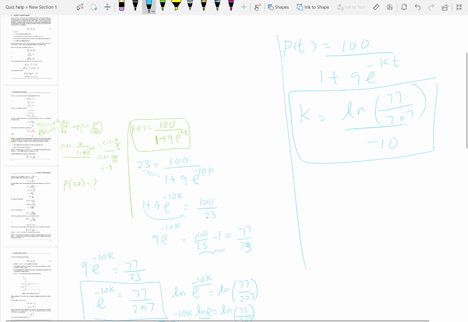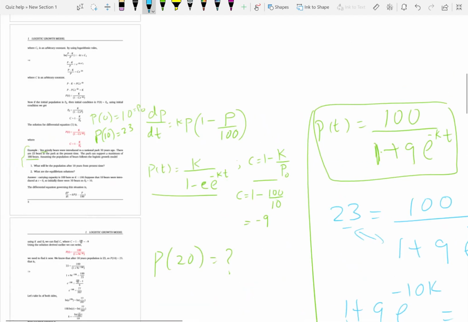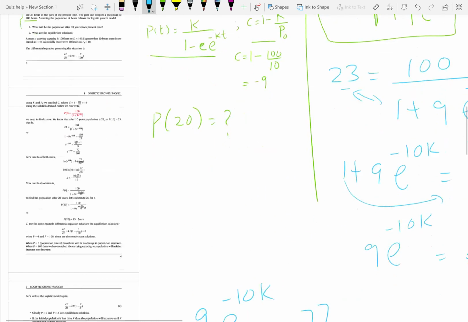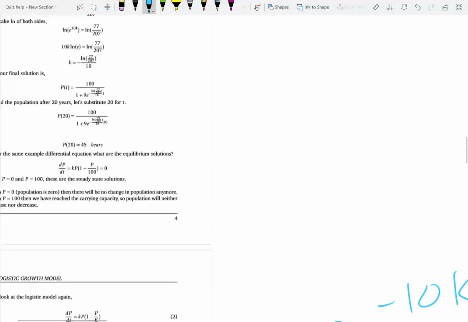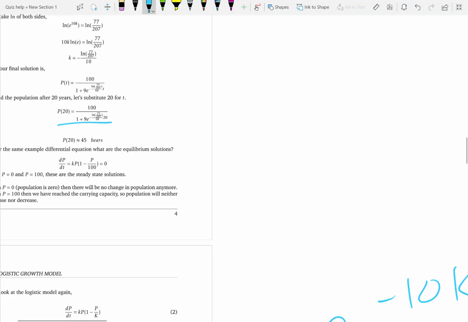We substitute 20 for t, and we know k, so we can use the calculator. We substitute this into the calculator and we get 45. So we have 45 bears after 20 years.